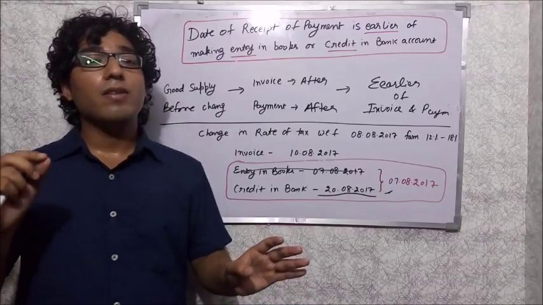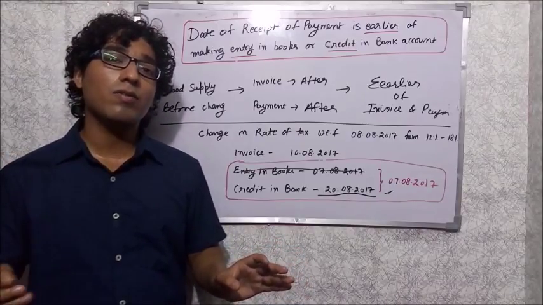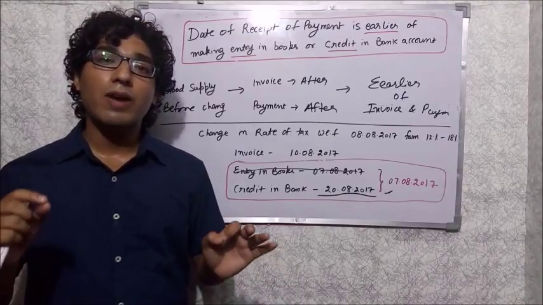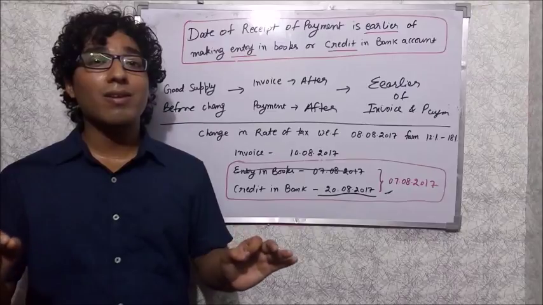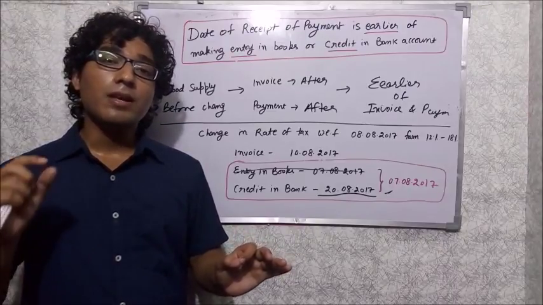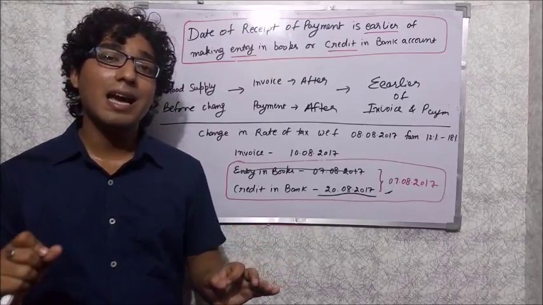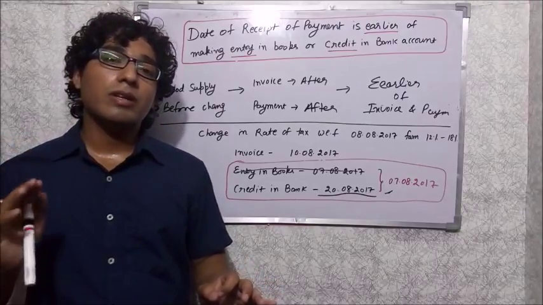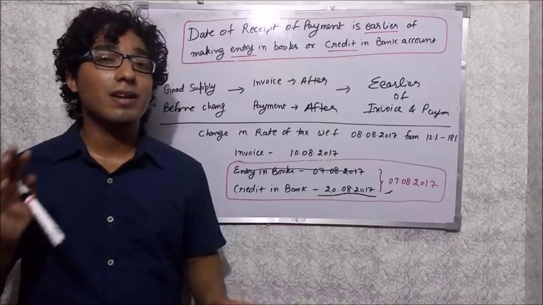In case of a change in effective rate of tax, the date of receipt of payment by the supplier will be the date when the amount is credited into the bank account if the amount is credited after the 4 working days from the date when there is a change in effective rate of tax.